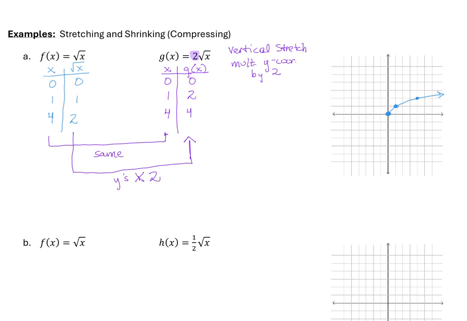When we graph our new function, we have 0, 0, 1, 2, and 4, 4. And so basically what we're doing is we're just pulling everything away from the x-axis.